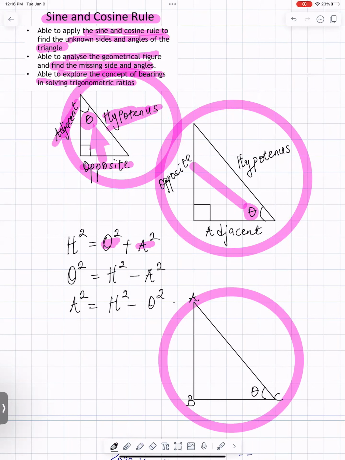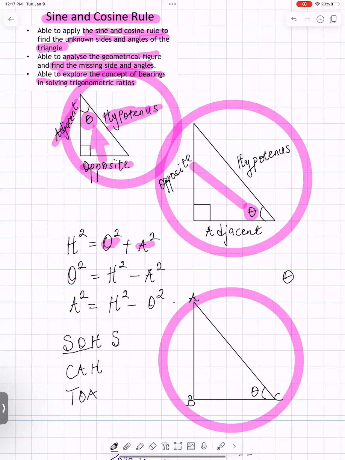For example, if I am looking for my angle theta, I'll be applying the SOH CAH TOA theorem in finding this, where we have our SOH.